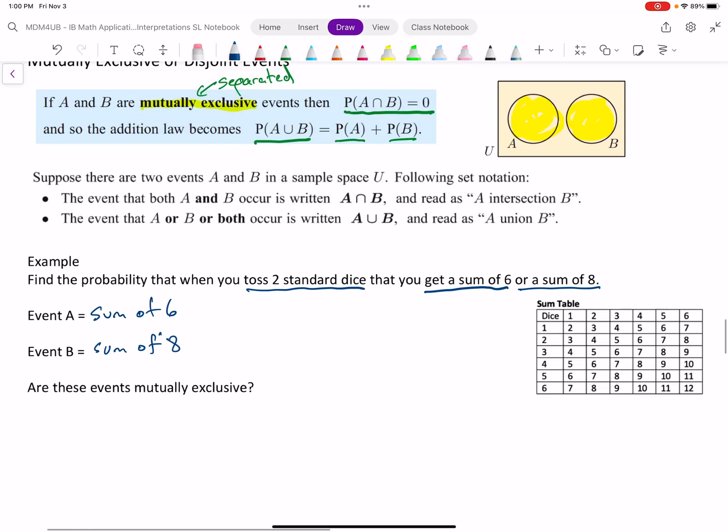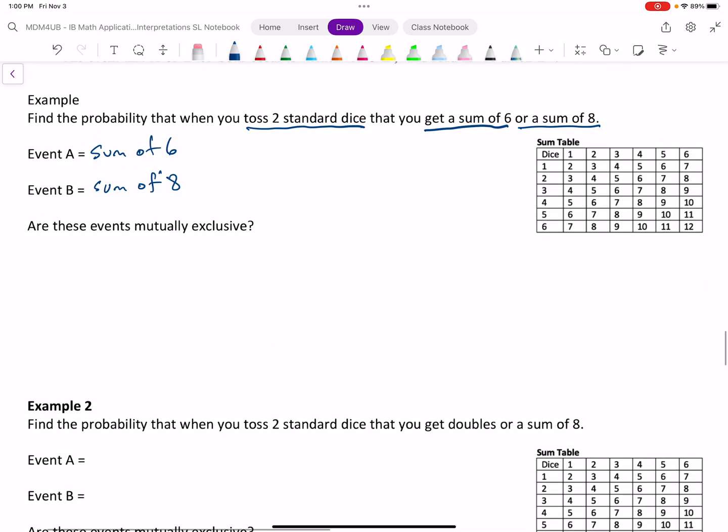Meaning, is there no overlap? And yes, there's no overlap, so they're mutually exclusive. That means I don't have to think about subtracting something. So the probability of a sum of 6 or 8 is really just going to be the probability of each added together.